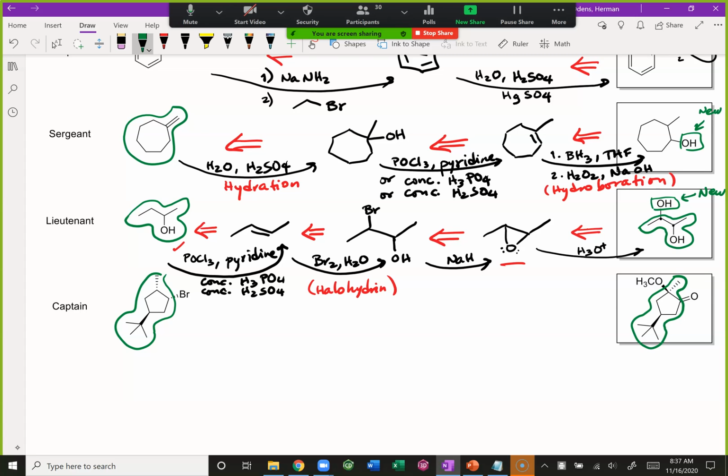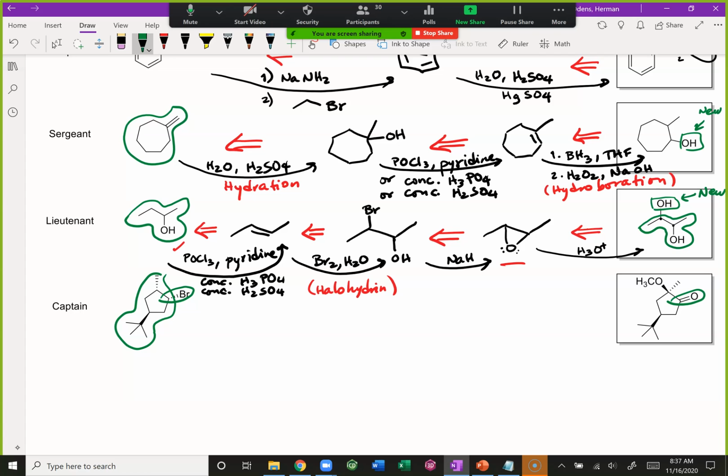Notice I'm going to make a chiral center, where I'm keeping my methyl group down and putting a methoxide group. That is not a joke. That's kind of hard to do. And then my bromine turned into a carboxylic acid.